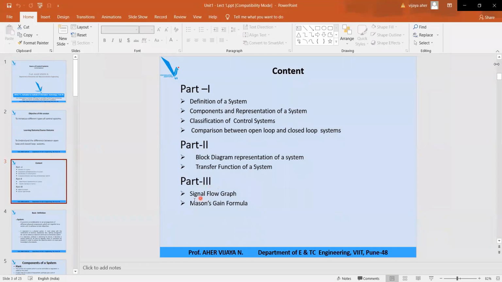Then Part 3: signal flow graph. You are going to solve examples related to signal flow graphs, then Mason's gain formula. By using Mason's gain formula, you are going to reduce the given control system. So these are the contents under Unit 1.